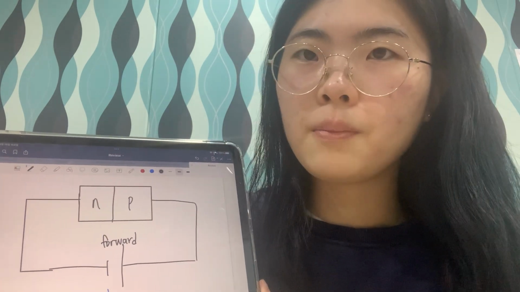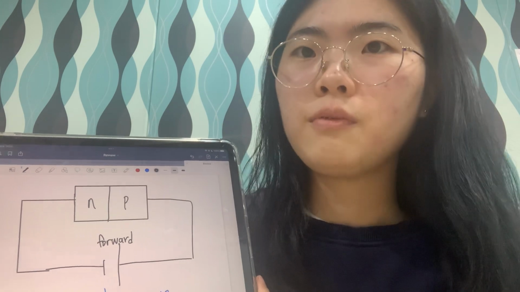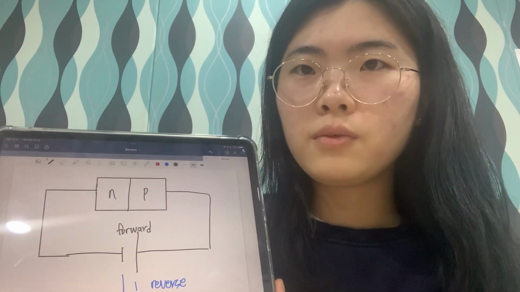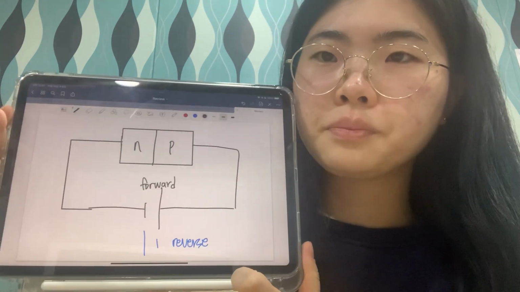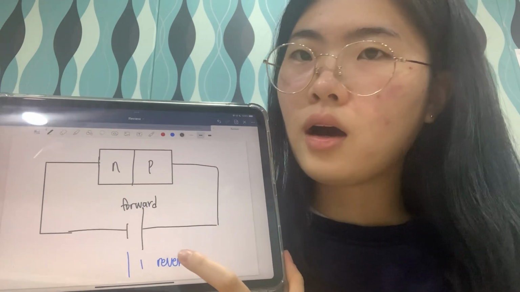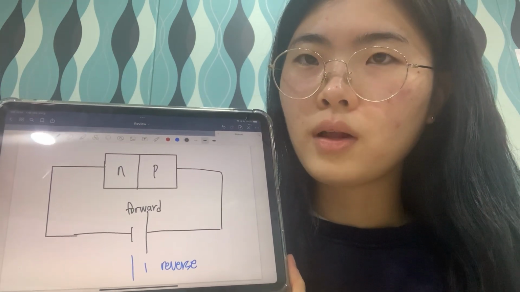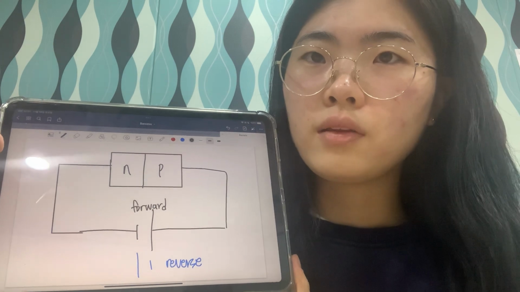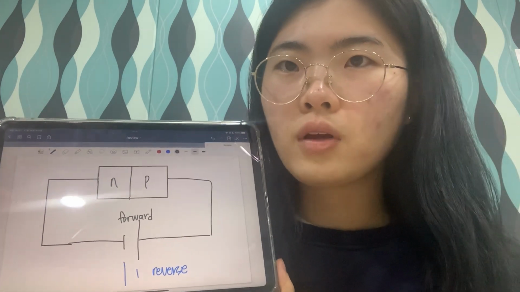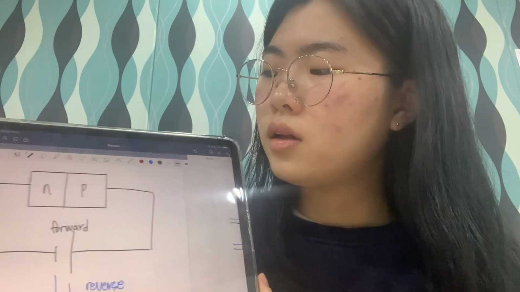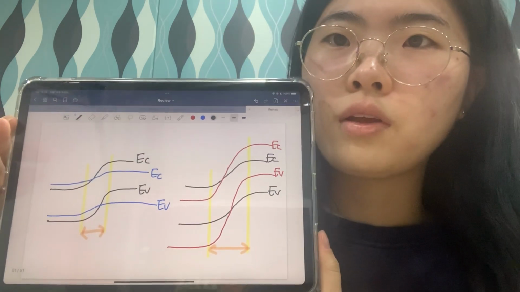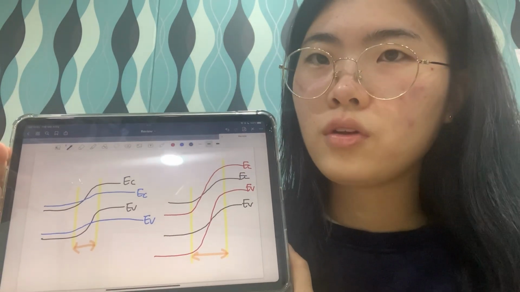However, if we apply negative voltage, it is reverse biased. How we apply the voltage decides the PN junction's characteristics. So let's look at the difference.